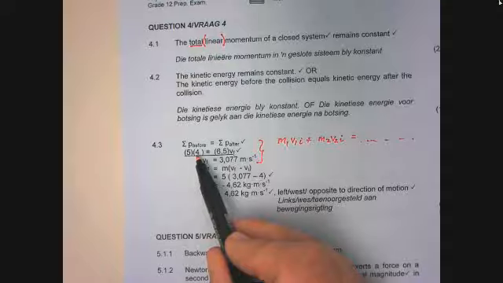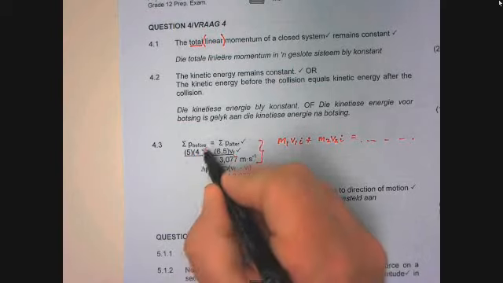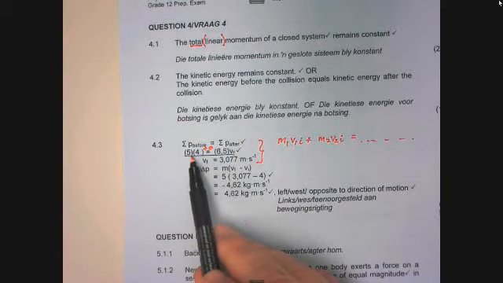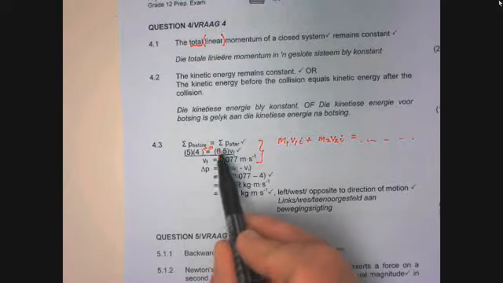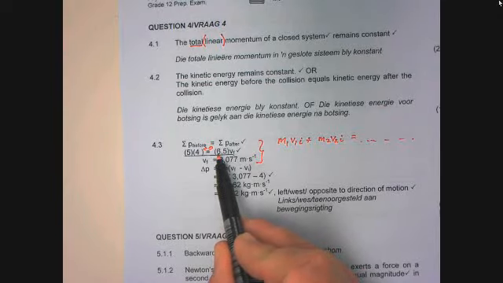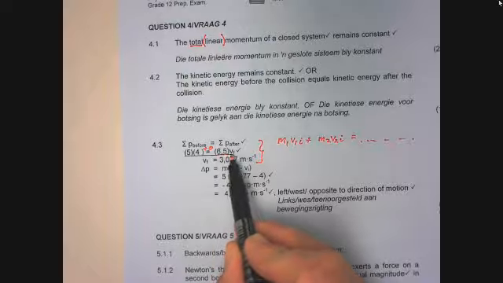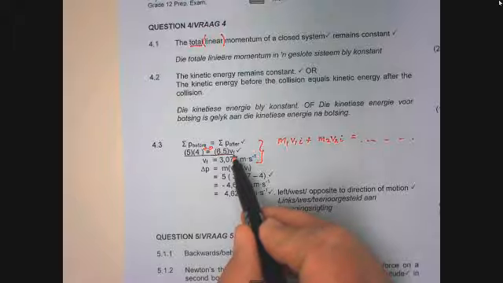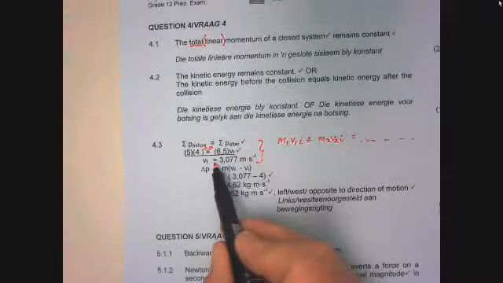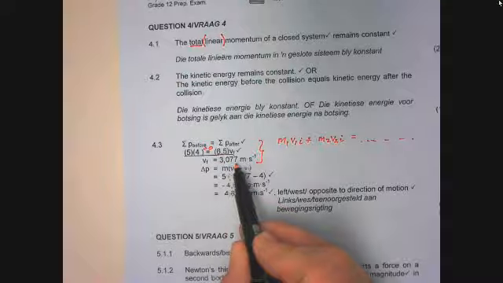Its horizontal velocity is 0, so you can add plus 0, but it's only the velocity of the trolley that you must take into account. After collision, it's a combination of the two, so it is 6.5 kilograms, and then you must calculate the final velocity of the combination. And then you get the answer of 3.077.